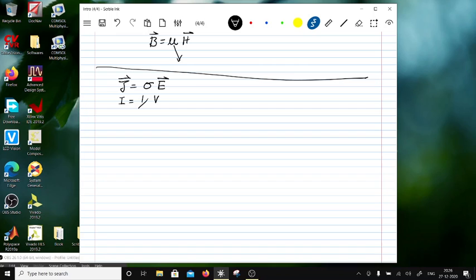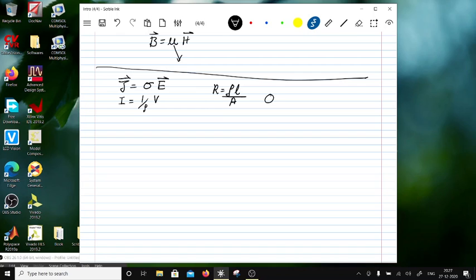What should I put here if not rho? Sigma goes with rho only, right? R into A upon L, that is resistivity. Let's say rho only. R is equal to rho into L upon A, right? Now that rho is over here.